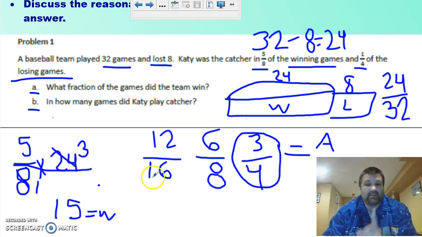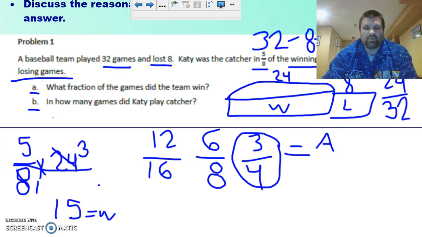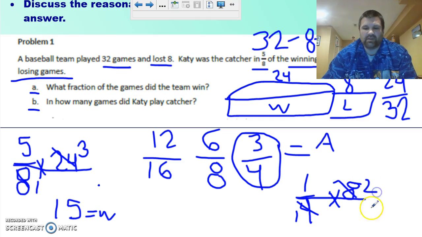winners, but we need to find the losers, so we need to find 1/4 of, and we had 8. Extend your line. Well, 4 goes into 4, 4 goes into 8 2 times. 1 times 2 is 2.